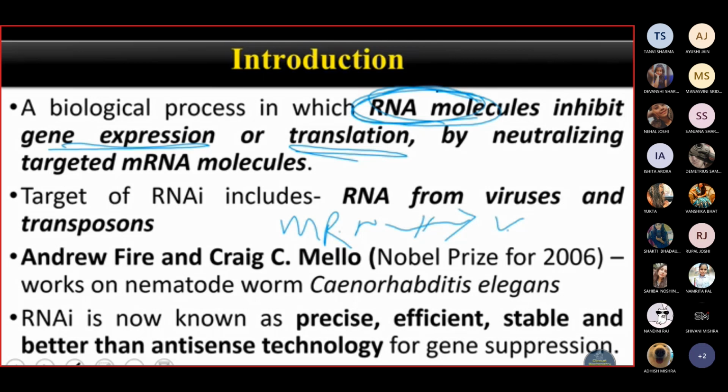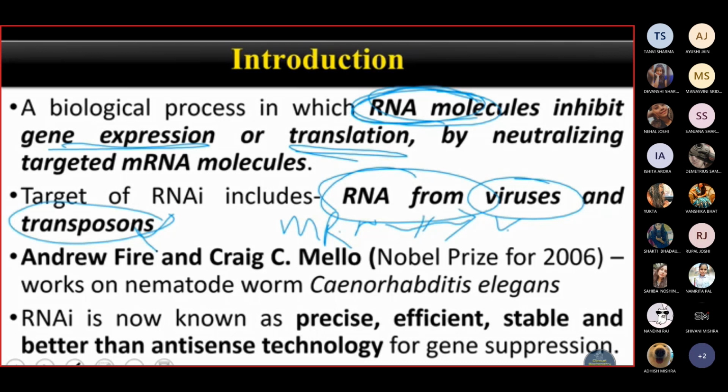This regulatory process, RNA interference, includes all those RNAs which come from a virus or from some transposons. Transposon means jumping genes, which normally cause mutations. We will see transposons after this one. Once we finish, then we will go for transposons.